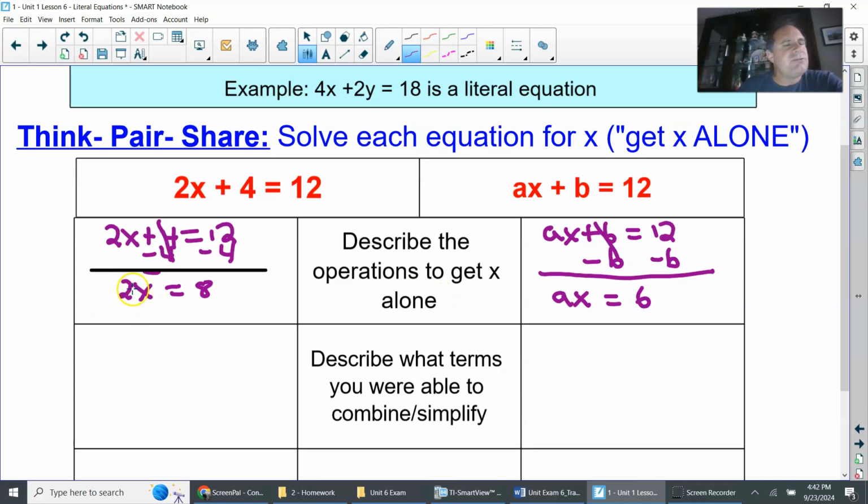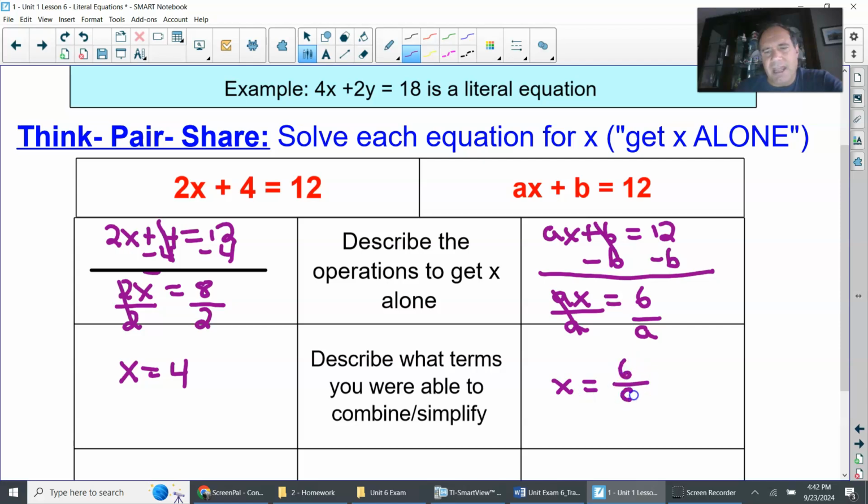Well, let's go back to the left side, and you're going to divide by 2, the number next to the variable, which gives x equals 4. To get x alone here, you have to do the same thing, divide by a. Instead of a number, now you're going to have x equals 6 over a.